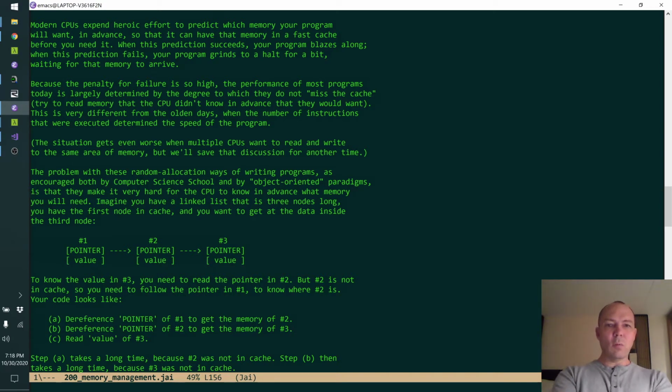Performance is largely determined by the degree to which they do not miss the cache, trying to read memory that the CPU didn't know in advance that they would want. This is very different from the olden days, when the number of instructions that are executed determined the speed of the program.